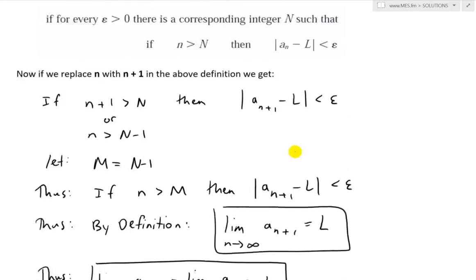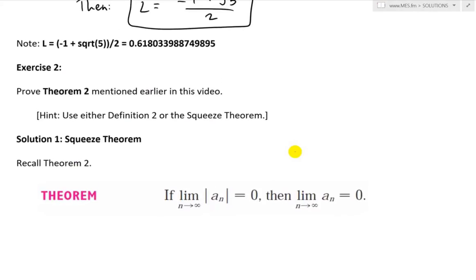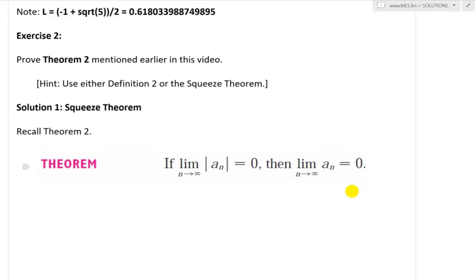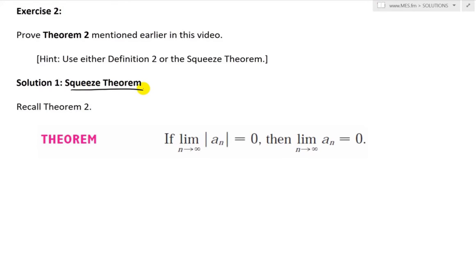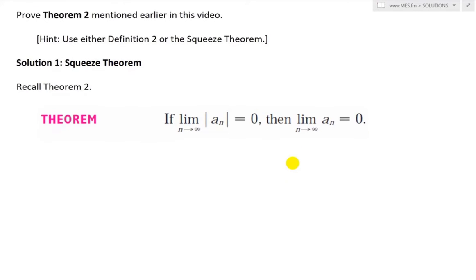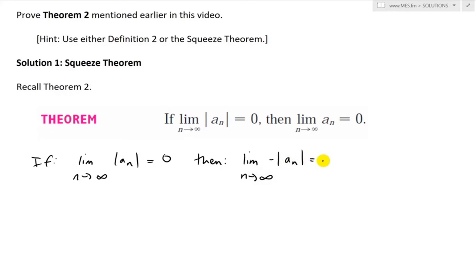So let's keep going, and now there's exercise 2. Just to double check, here is the recall of Theorem 2. Now, solution 1, let's use the squeeze theorem, and then solution 2, we'll use Definition 2. If the limit as n approaches infinity of the absolute value of a_n is equal to 0, then we can write the limit as n approaches infinity of negative absolute value of a_n. Using limit laws, we take the negative out.